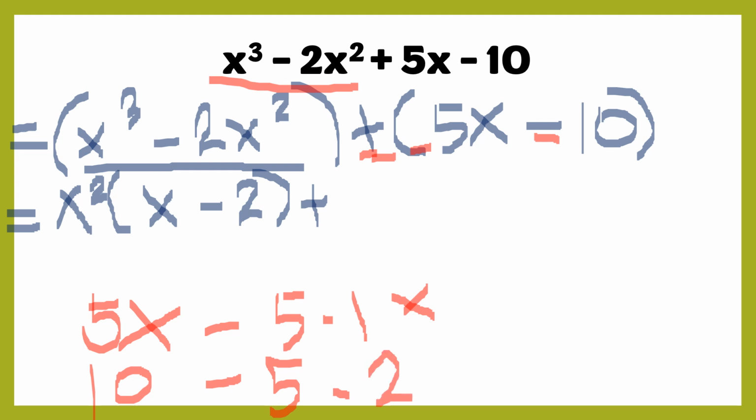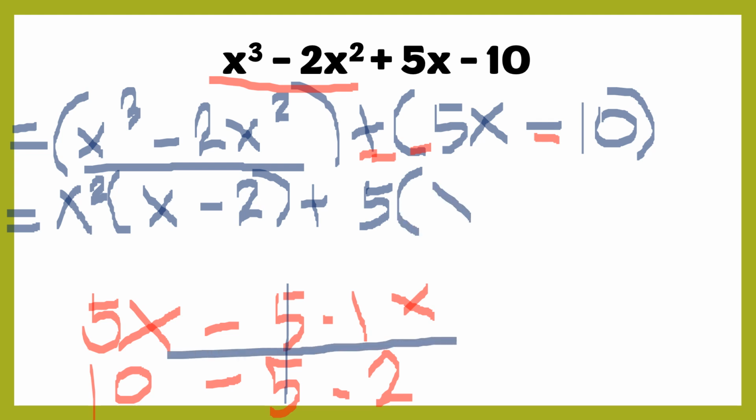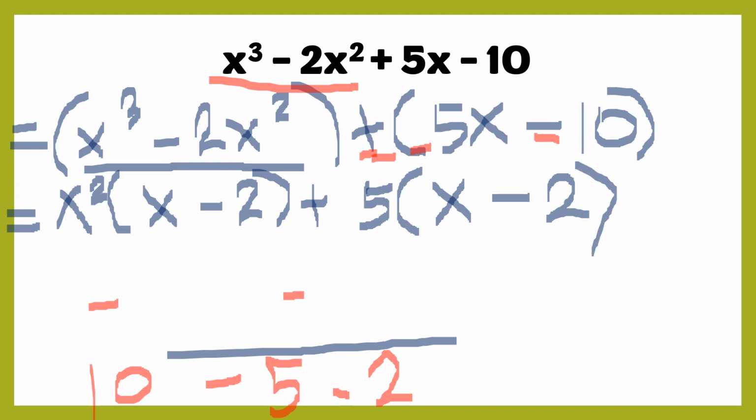Therefore, its greatest common factor here is 5. And then, open parenthesis. As for the first term, the remaining is 1x. Just simply write x minus, for the second term, the remaining is 2, and then you close it. Alright, let me erase this.